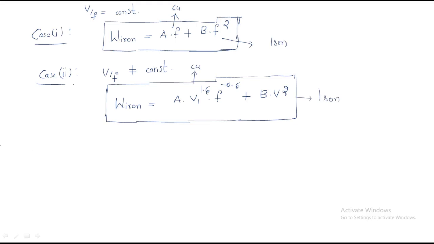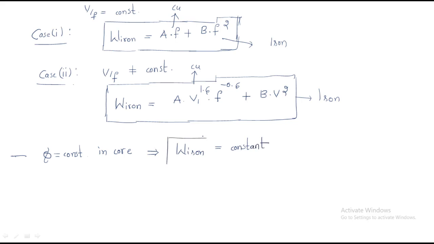The last point is that flux is always constant in the core. So the iron loss is due to flux only, and the iron loss is always constant for any transformer.